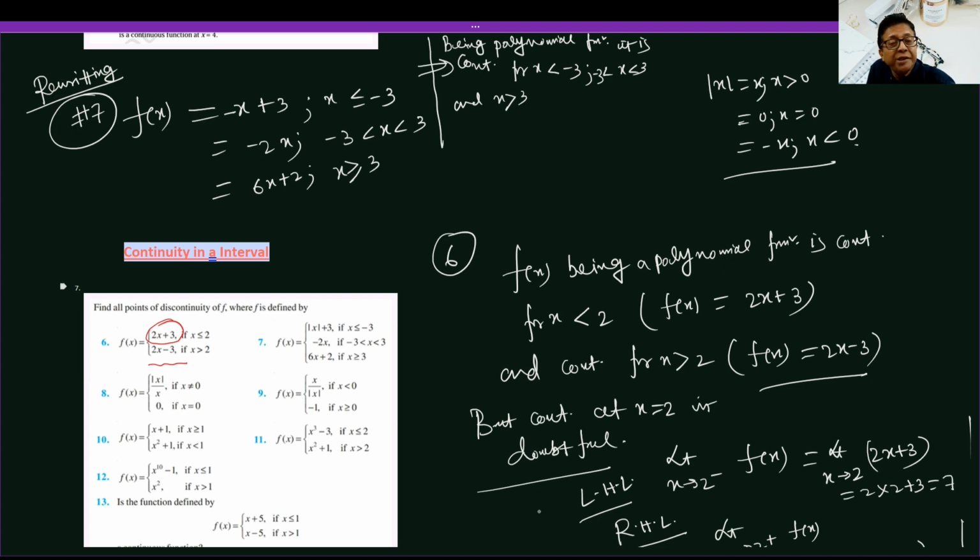Without continuity at which points? Minus 3 and 3. Continuity at x equal to minus 3 and x equal to 3 has to be checked.